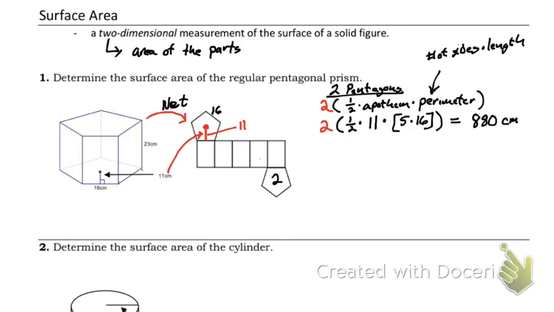All right, and since it is area, it's going to be centimeters squared. Now that is the area of both our pentagons. Now we have to find the area of our 1, 2, 3, 4, 5 rectangles. So we're going to find the area of 5 rectangles. Well, that's just going to be 5 times the area of a rectangle, which is just length times width.